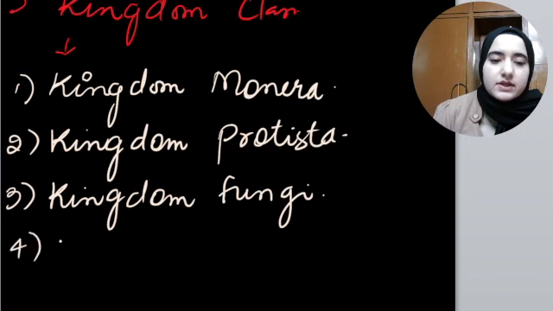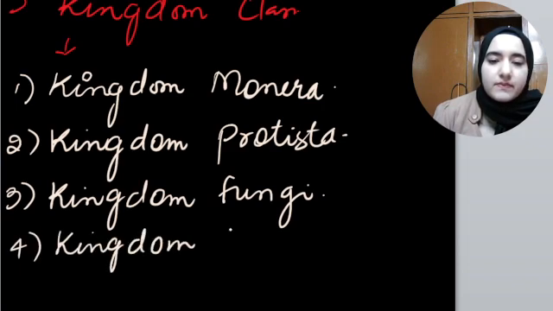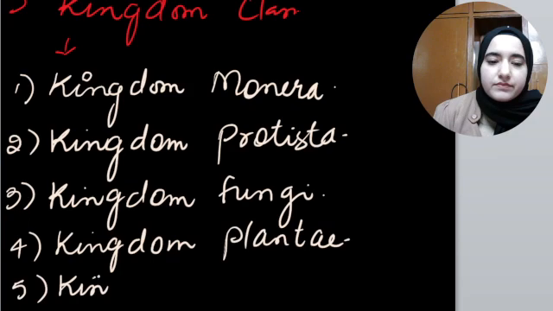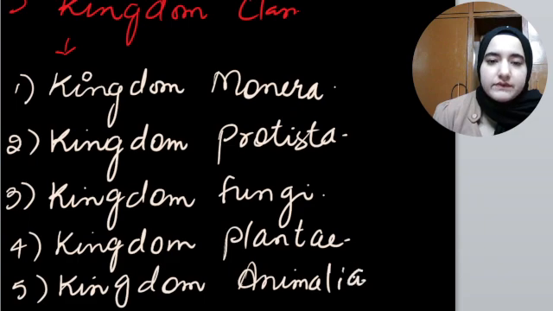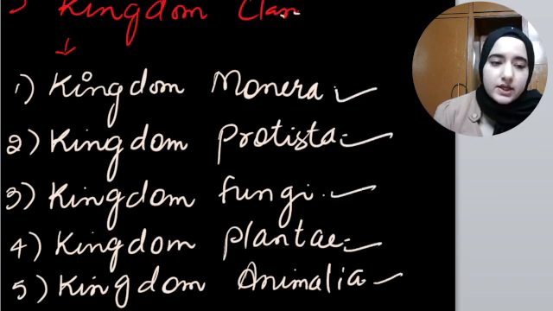Then we have Kingdom Plantae. And finally we have Kingdom Animalia. Okay, right, we have these kingdoms under five kingdom classification, which was given by R.H. Whittaker in 1969. It's Kingdom Monera, Protista, Fungi, Plantae, Animalia.